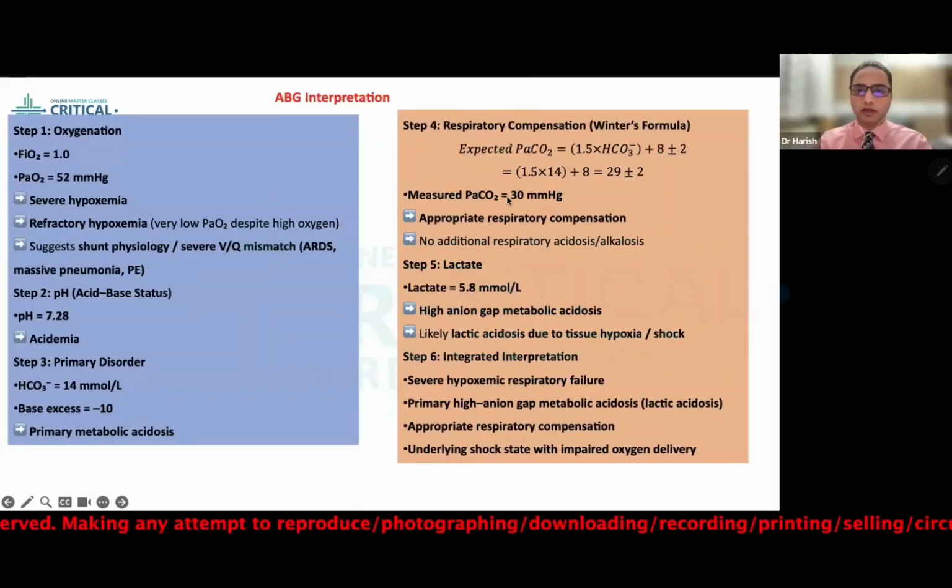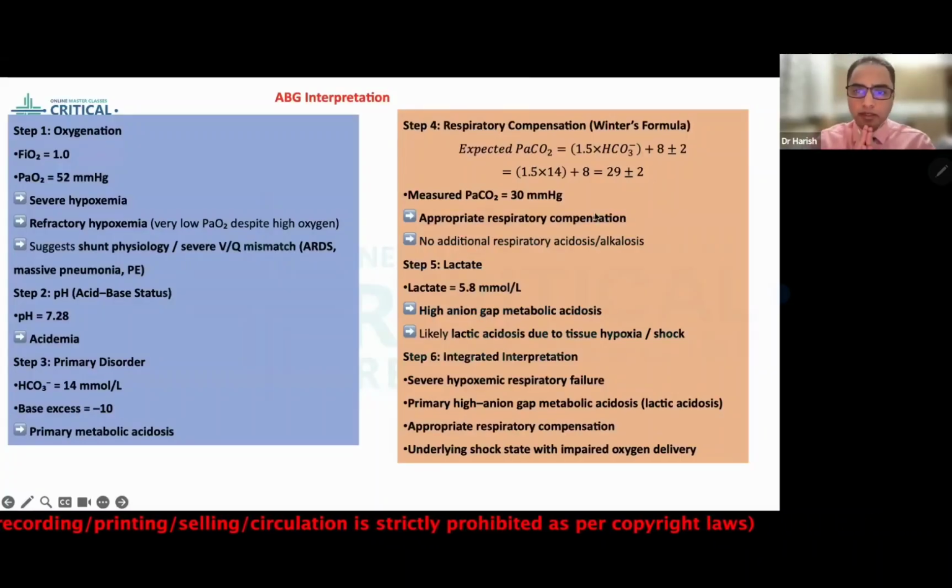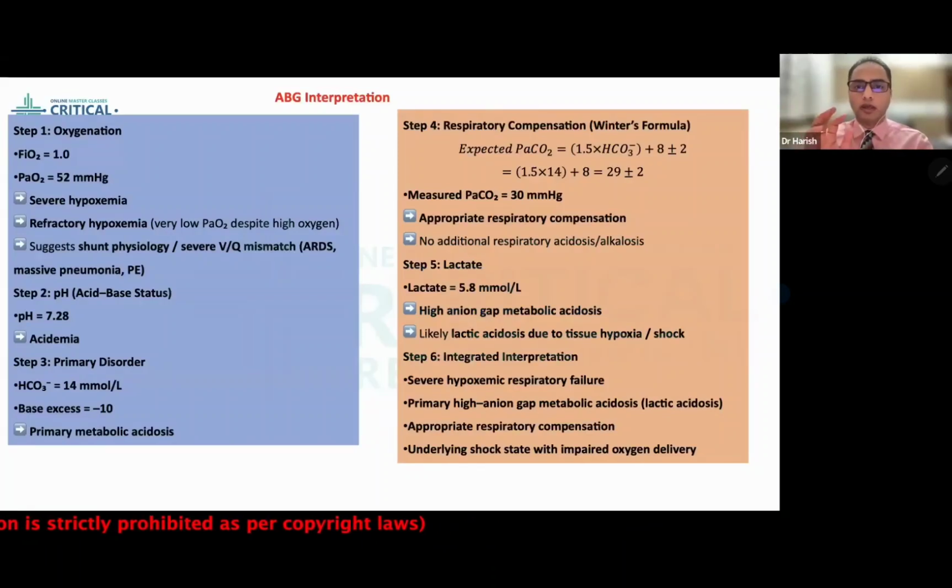Measured PCO2 is 30, and expected is 29 plus or minus 2, so appropriate respiratory compensation is there. It is in the expected range, so there is no additional respiratory acidosis or alkalosis. Lactate is 5.8, so this is a high lactate, high anion gap metabolic acidosis.